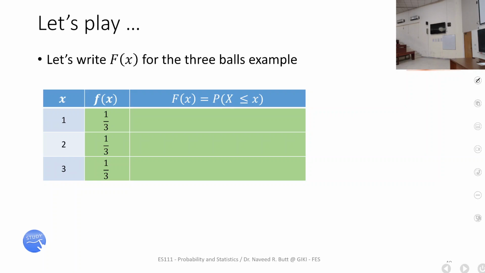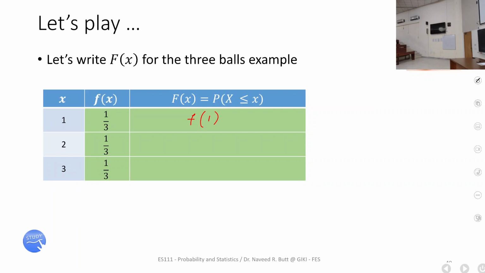What's that probability? 1 by 3, because there are 3 balls written 1, 2, 3. So what's the probability that the ball you took out shows 1 or less? There is only one chance, right? So it is 1 by 3 here, which is basically your capital F of 1.